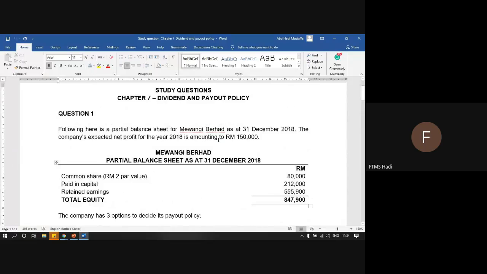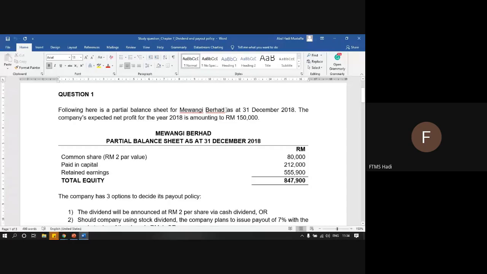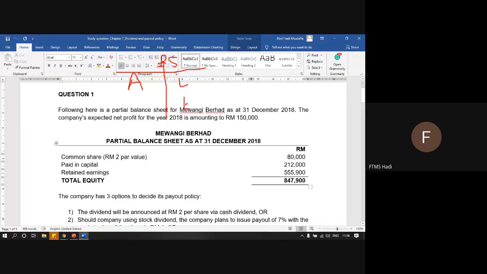Following here is a partial balance sheet for Mewangi Berhad, as at 31st December 2018. The company's expected net profit for the year 2018 amounts to 150,000. The reason I put it here as partial is that in the balance sheet we have asset, liability, and equity.